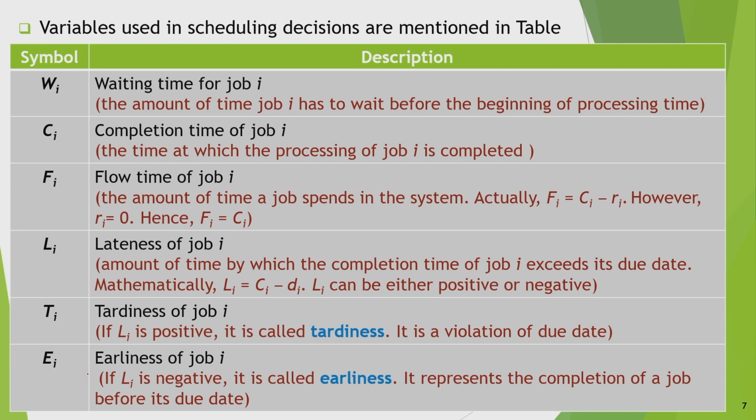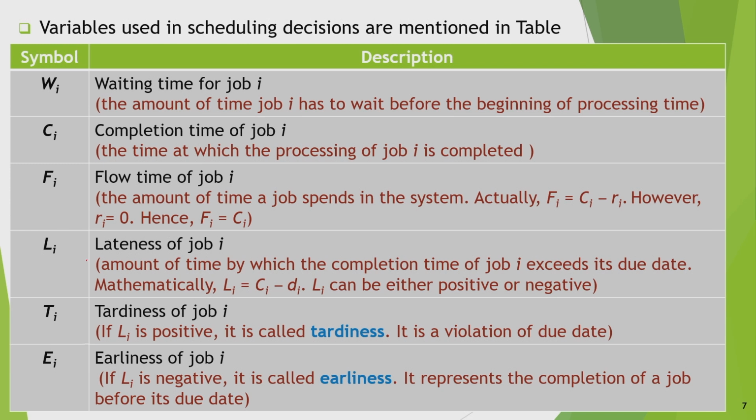Actually Fi is equal to Ci minus Ri, however Ri is equal to 0, hence Fi is equal to Ci. Then we define lateness of job I, that is the amount of time by which the completion time of job I exceeds its due date. Mathematically Li is equal to Ci minus Di, because Ci is the completion time and Di is the due date.